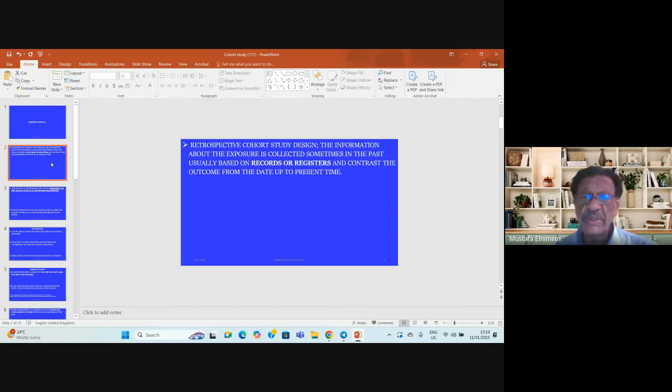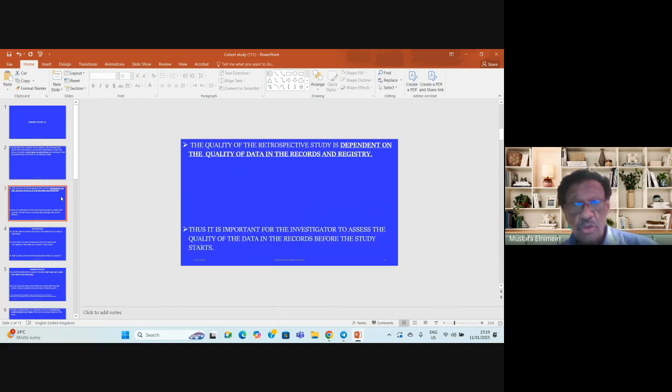Retrospective cohort study design, to start with: here the information about the exposure is collected sometime in the past. This means that we collect the data based on records or registers, maybe hospital records or any other records from which we can get the information we are interested in, and then we follow the outcome from that date up to the present time.